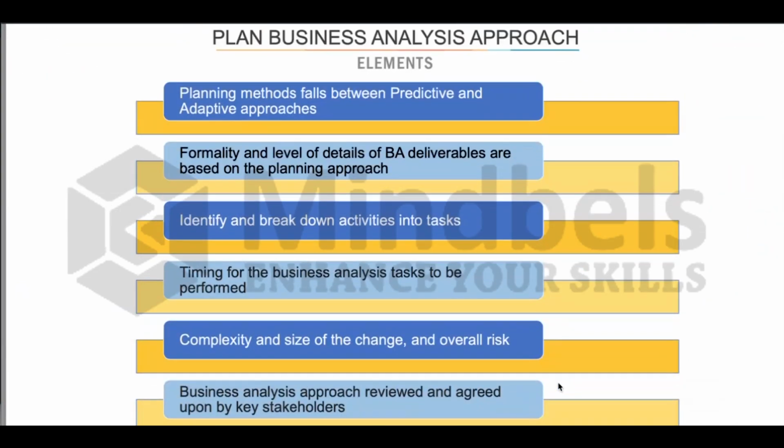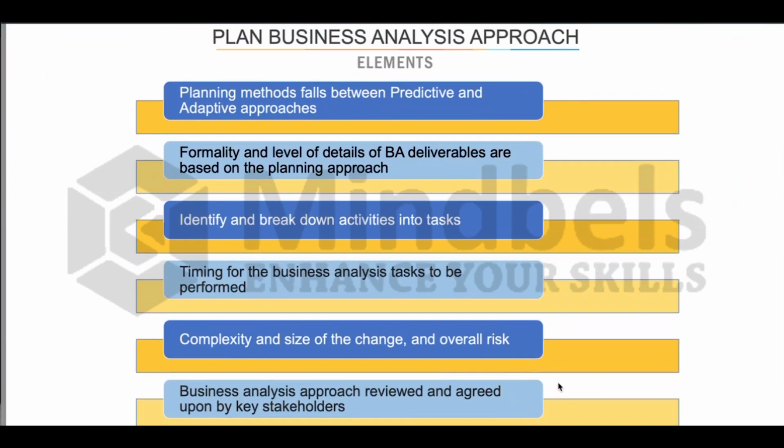Now, what are the elements? Now, see, there are some elements that you also need to know, which is your methods of approach. So basically, what happens is planning methods always fall between predictive and adaptive approaches. Now, predictive approach is basically called plan driven.